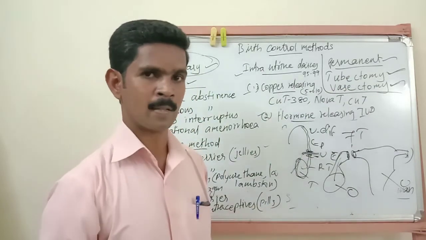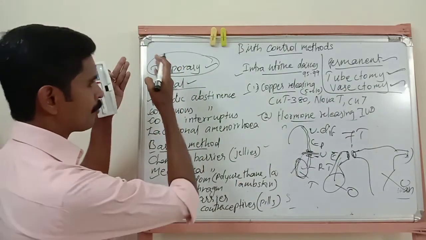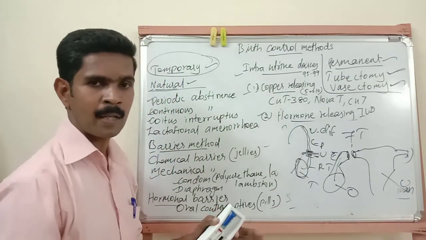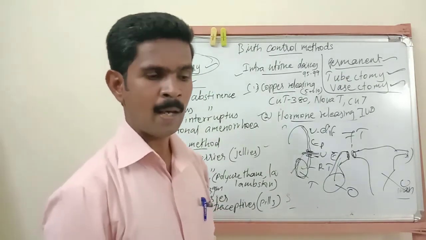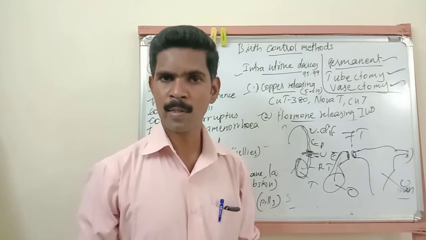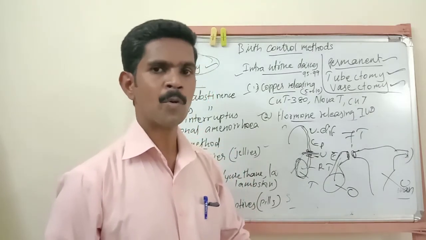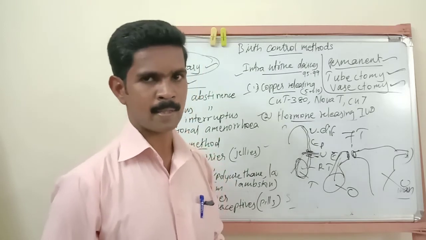Like that only they will ask. They won't ask you to write from here to here. The full topic they will ask for a 5-mark question. And I already told you there are many 2-mark and 1-mark questions also. So I hope you all understood these question answers.